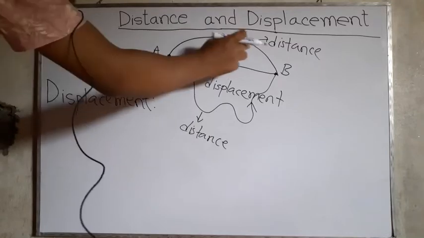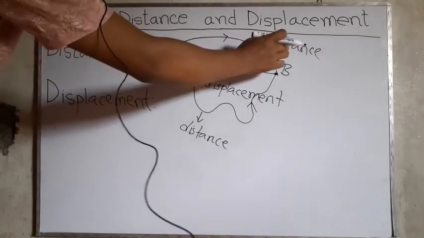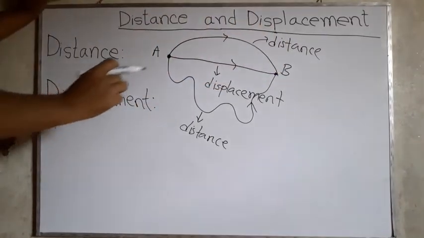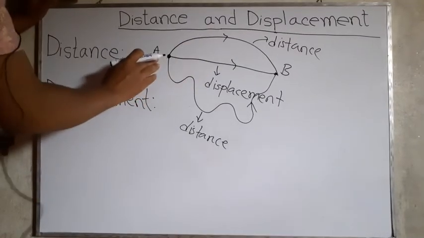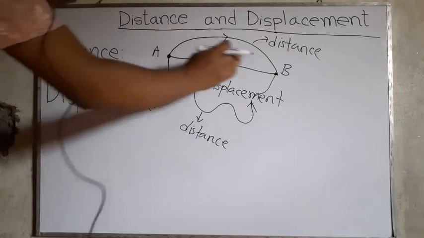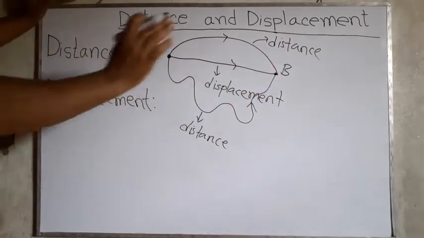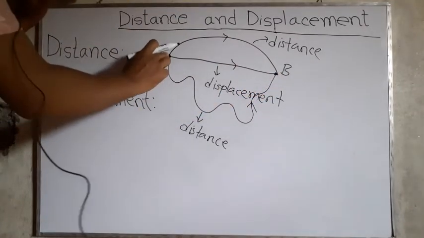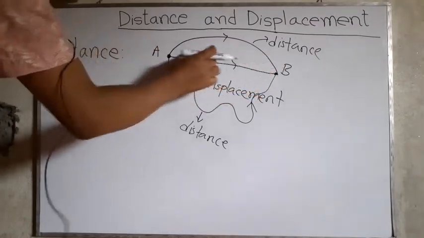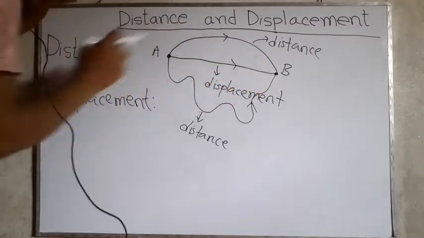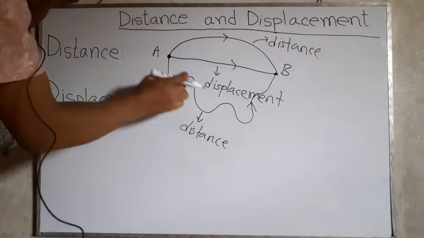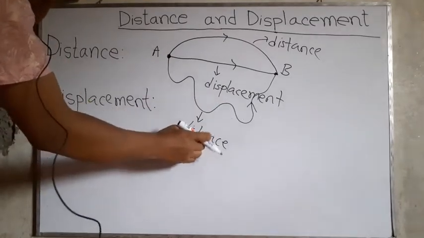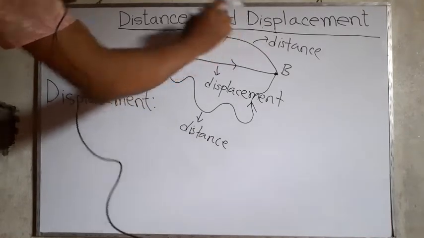If you follow this other path, the total length of that path is your distance, but your displacement will remain same as the initial position and final position are same. Therefore, A to B direct distance is your displacement.